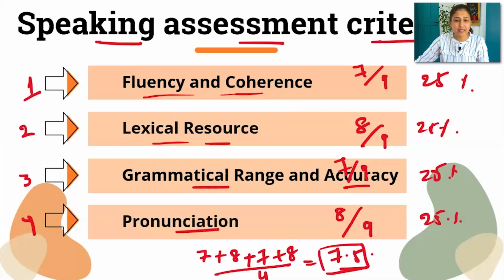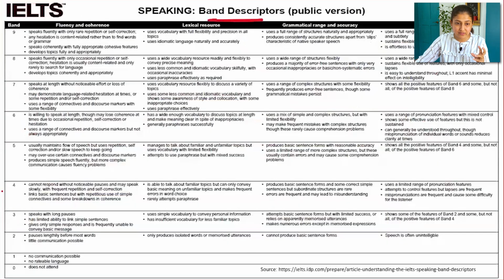Now, who decides you will get 7 out of 9 for fluency and coherence or 8 out of 9 for lexical resource? Remember, for this also we have seen band descriptors. What are band descriptors? See, the term itself is very self-explanatory, something that describes the band, right? So, whatever you see on the screen, whatever is written over here, say for example, your speaking matches with this description, then you will get 7 for fluency and coherence.